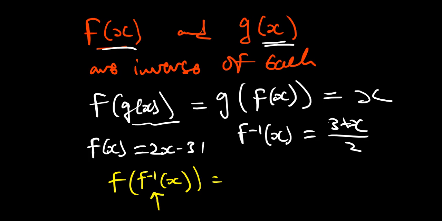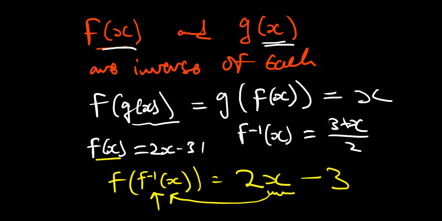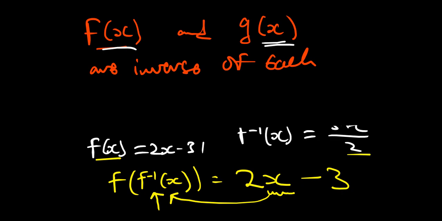So first of all, I'm going to write the function f of x here. f of x is 2x minus 3, and where there's this x, I'm going to substitute the function of the inverse of f. Let's create some space on top here.